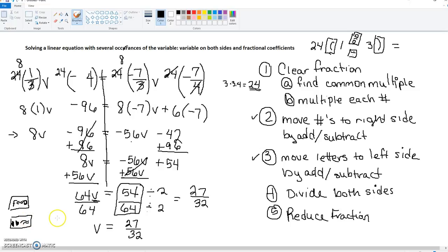And if you press that, it should also bring up your reduced fraction to where you don't even have to reduce it. The calculator should reduce it for you. And this is what you need to do for this particular topic.